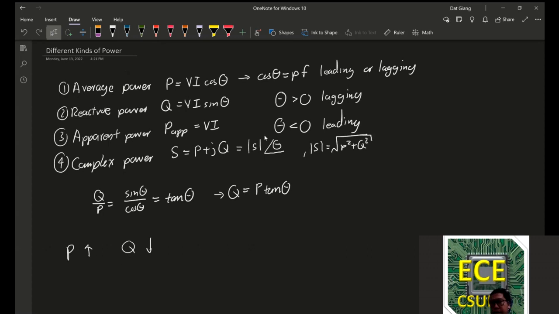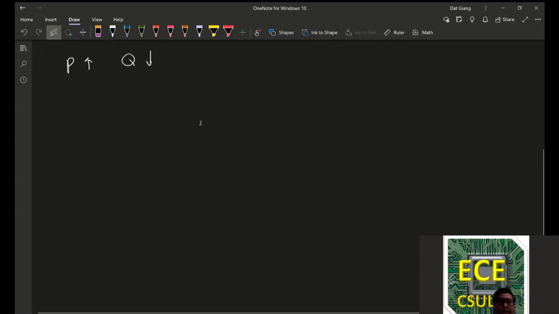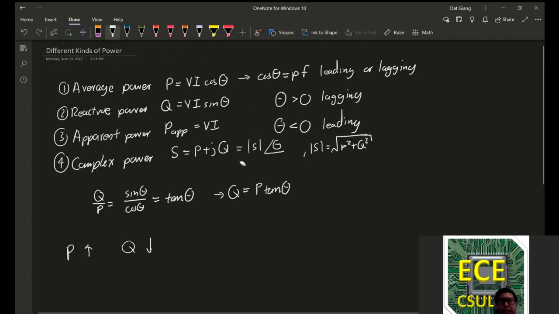Now, that's just the different kinds of power that exist. To practice on this, let us give some quantities. Actually, before I give an example, let me talk about the units.